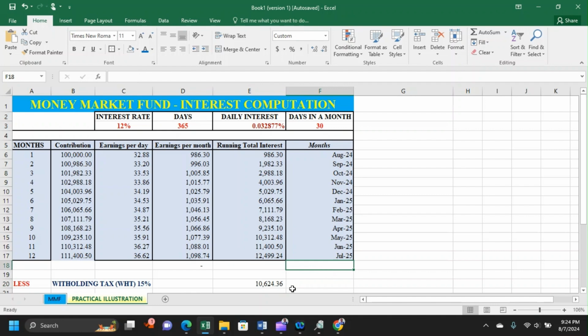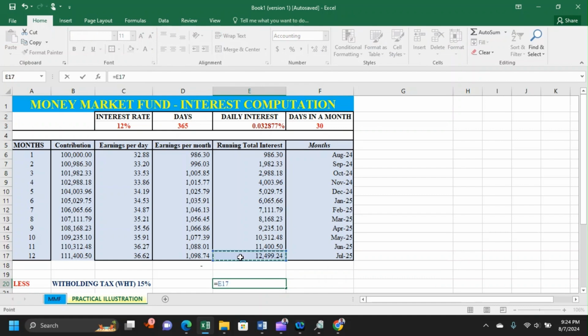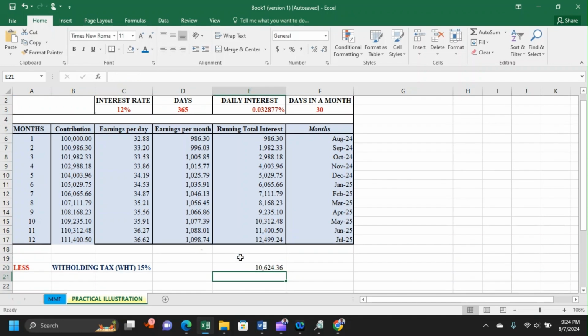Therefore, for you to understand how this is coming along, you need to know that the total amount of interest that you have earned is subject to 15% withholding tax. Therefore, you have to multiply with 0.85, meaning it's 100% less the 15% withholding tax, and the difference is 0.85. That is the money that you've made at the end of the year.